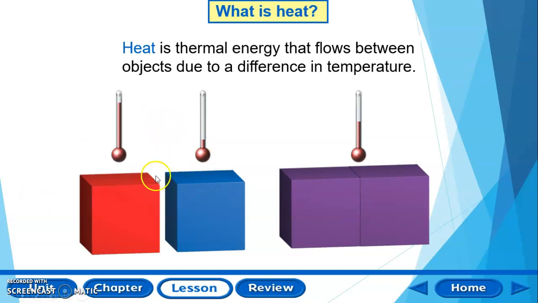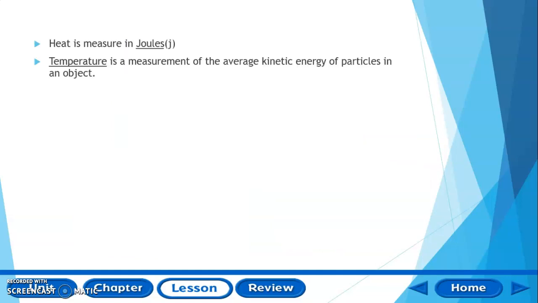When the two blocks reach the same temperature, heat will stop flowing. Okay, as we explained. So copy that definition and the drawing to represent how the heat travels in an object.